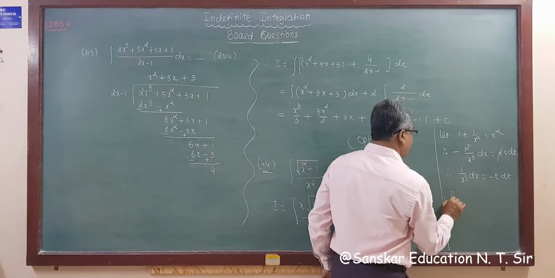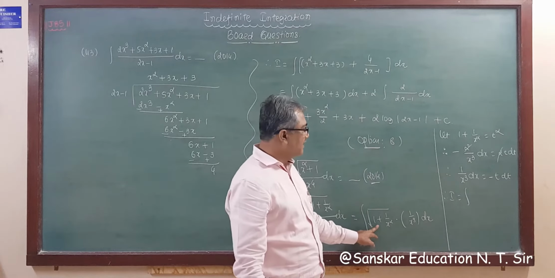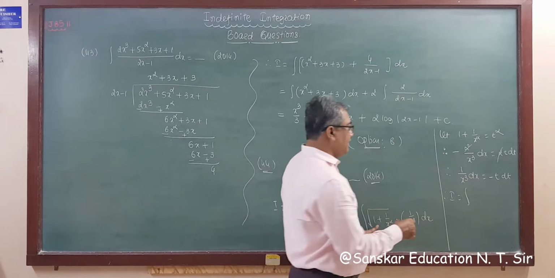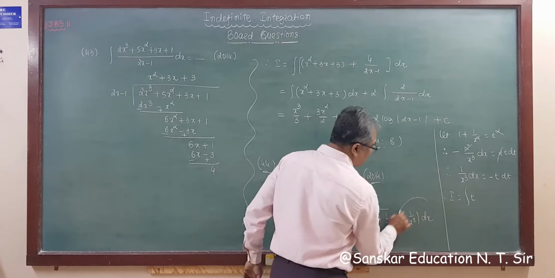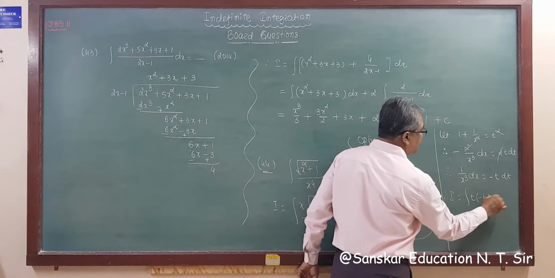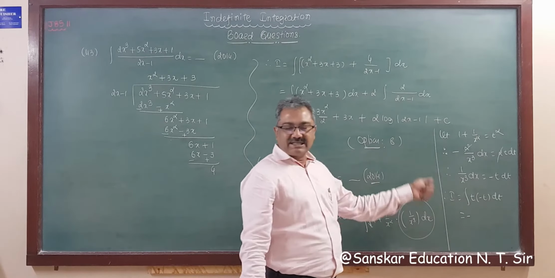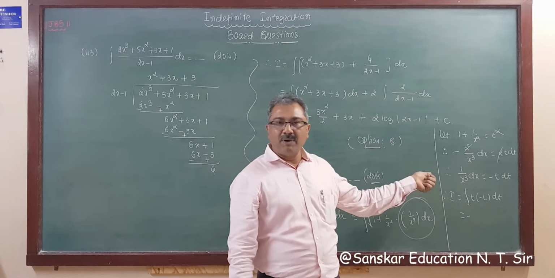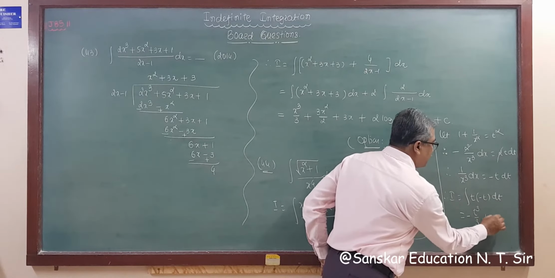So I will be the integration of root t square, that is t, times minus t dt. So this is minus t dt. The integration of t square is t cube by 3, plus c.